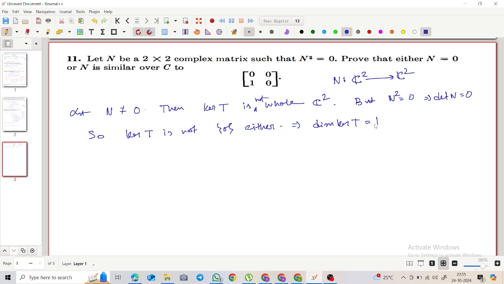This implies the dimension of the kernel T is exactly 1, no? Because kernel T is a subspace of C square. It doesn't have dimension 2 or 0, so it has to be 1. So there exists V outside the kernel such that NV is not equal to 0, but N square V is 0.